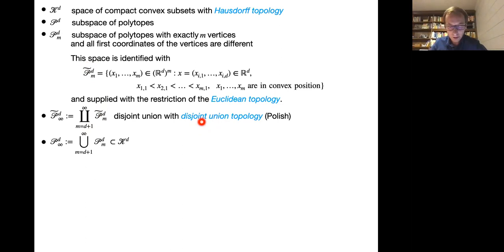And with this disjoint union topology, this becomes a Polish space. This is on the Euclidean side. And on the side of convex bodies, you can also form the union of all these spaces of polytopes, which is a subset of the space of compact subsets supplied with the Hausdorff topology.